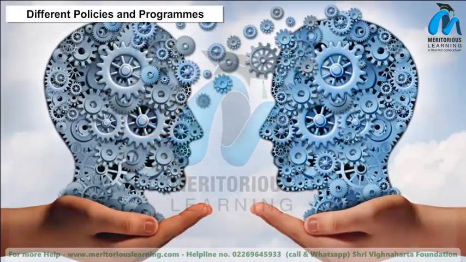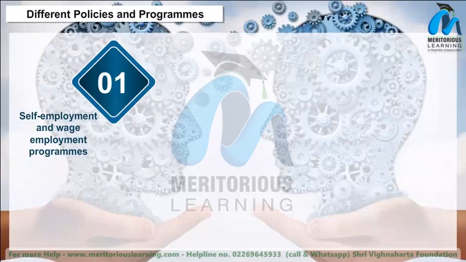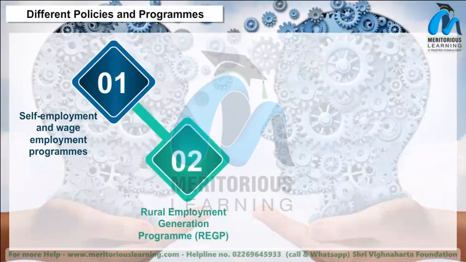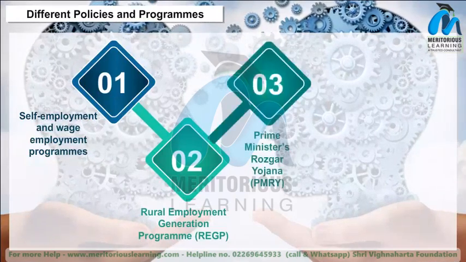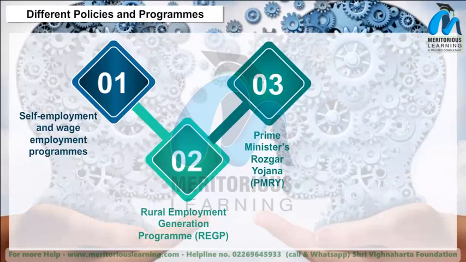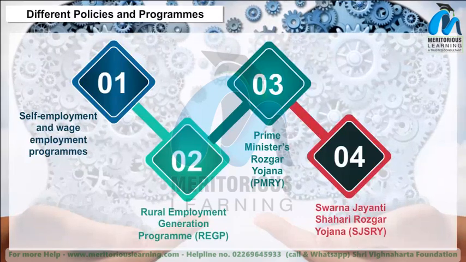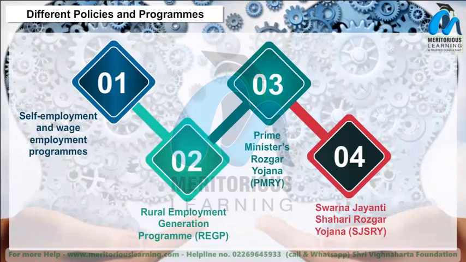In order to expand self-employment and wage employment programs, Rural Employment Generation Program or REGP, Prime Minister's Rozgar Yojana or PMRY, and Swarna Jayanti Shahri Rozgar Yojana or SJSRY were taken up.